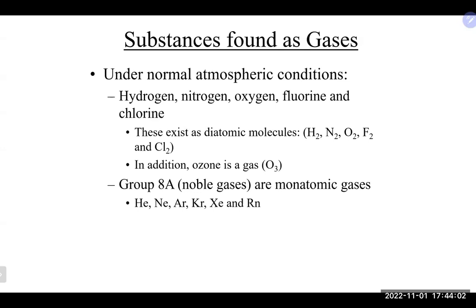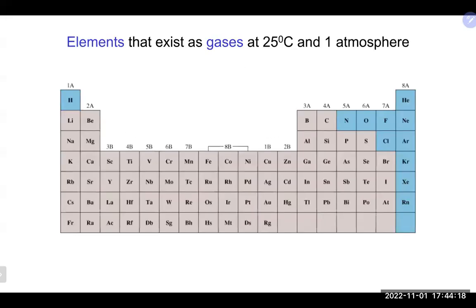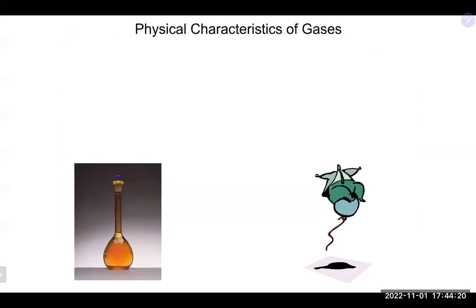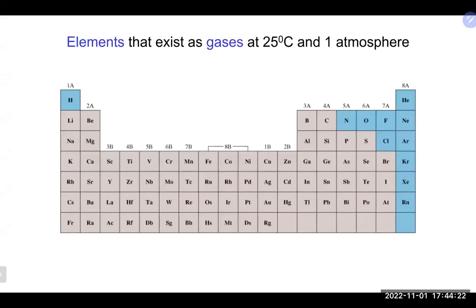And then obviously we have group 8, which are the noble gases, and those are monoatomic gases. So those come as single atoms. It's helium, neon, argon, krypton, xenon, all of our ons there. So again, under normal conditions, this is pretty much where we find a lot of our gases.